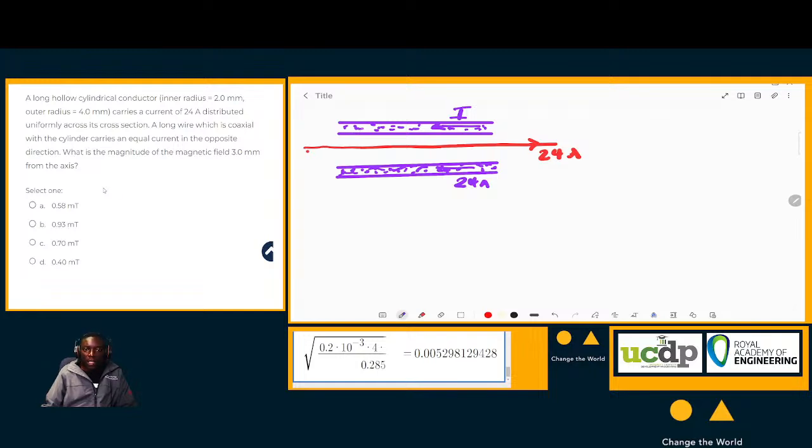So now the inner radius is 2 millimeters, so we know that distance.